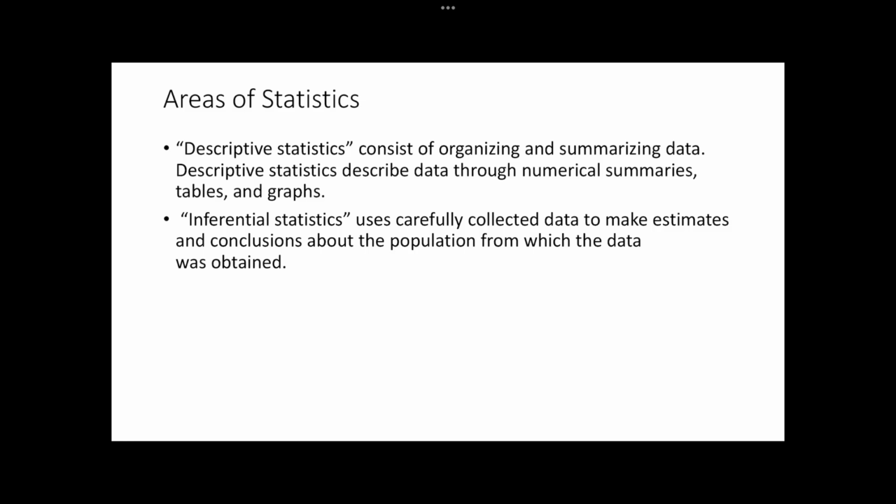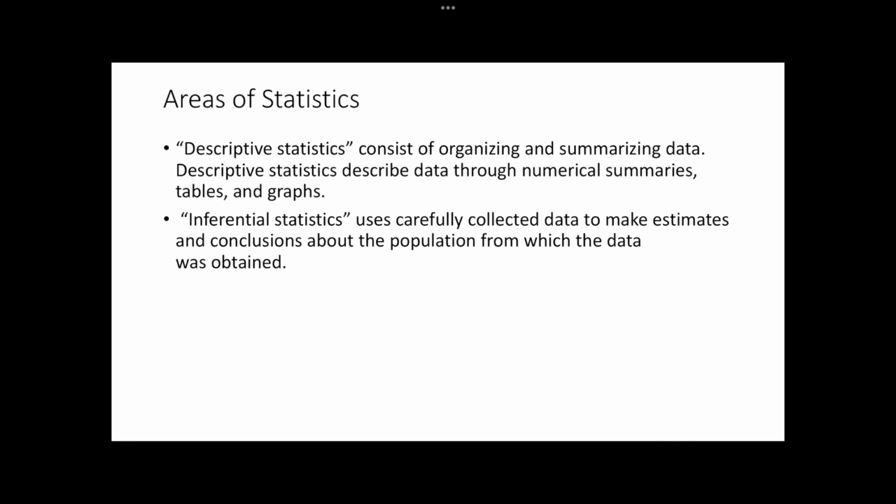When we look at statistics, we could talk about descriptive statistics, and that means that we're going to organize and summarize the data. So we take the data that we've collected and we describe the data using numerical summaries, tables, and graphs. So things like we find the average, or we'll talk about things like the median or the standard deviation.